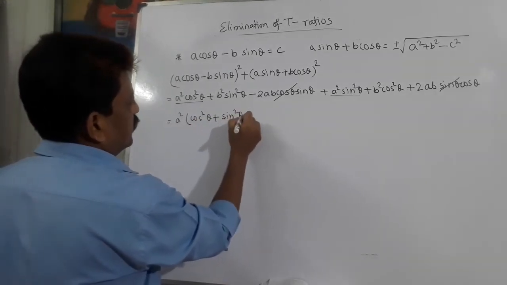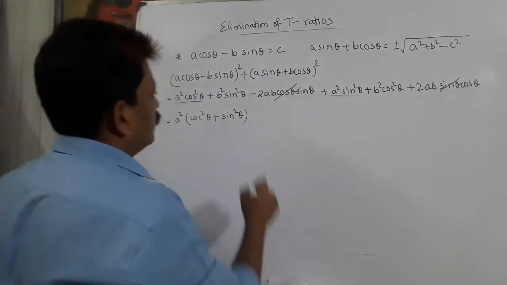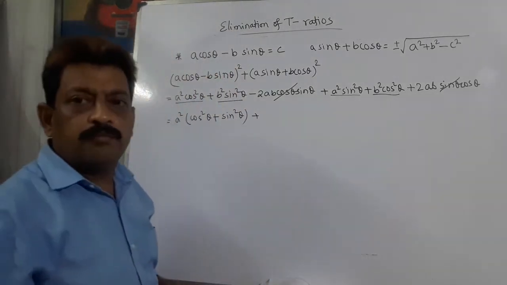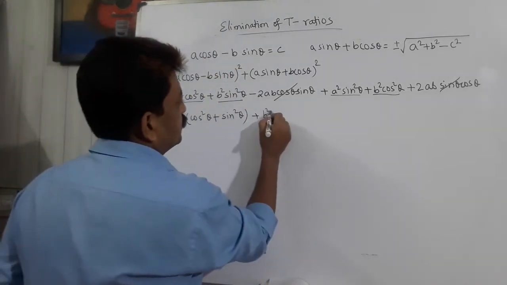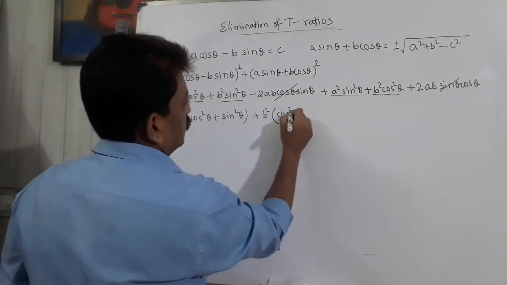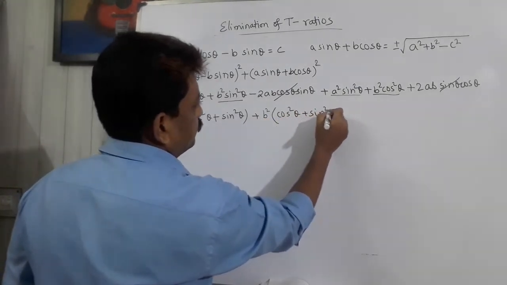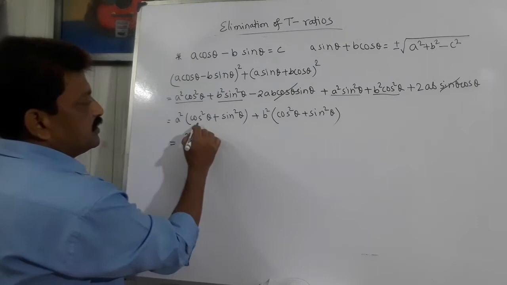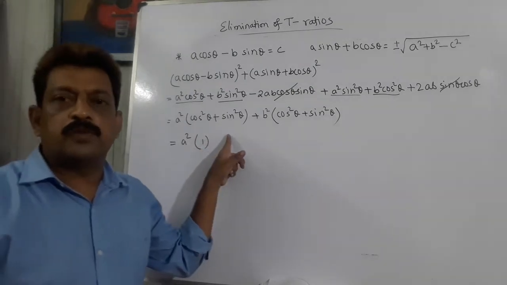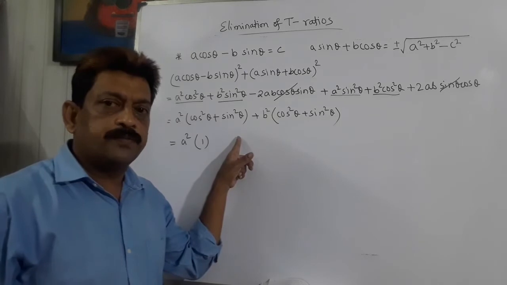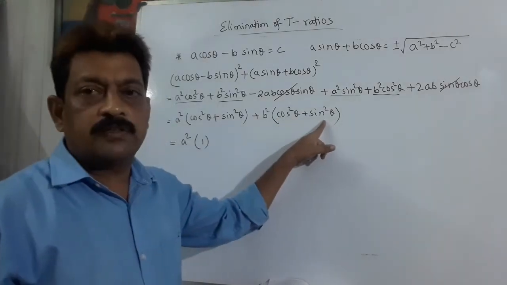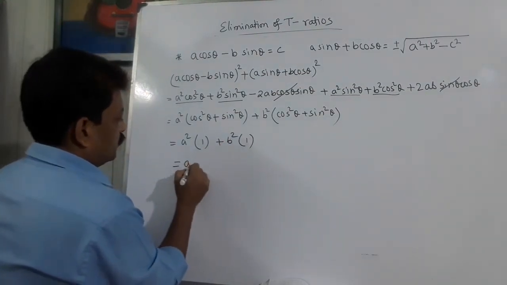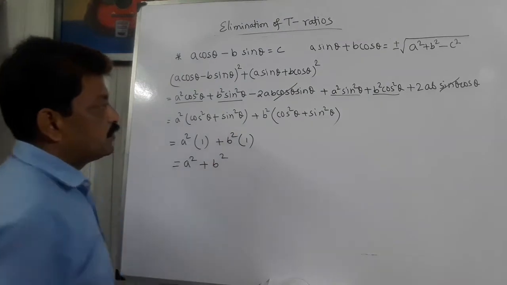I have taken A square as common from these two. Similarly, B square sin square theta and B square cos square theta, I am taking B square as common, so it is B square (cos square theta plus sin square theta). We know that cos square theta plus sin square theta equals 1. So it is A square multiplied with 1, and B square multiplied with 1. Therefore, the value is A square plus B square.